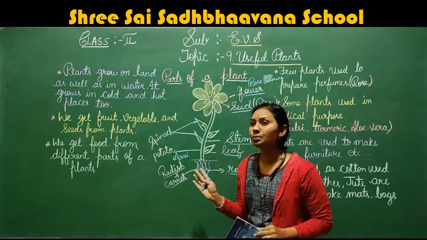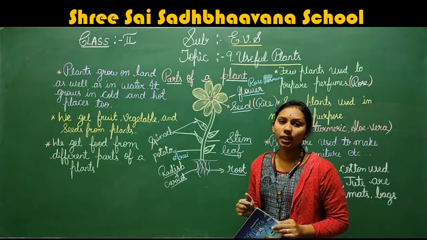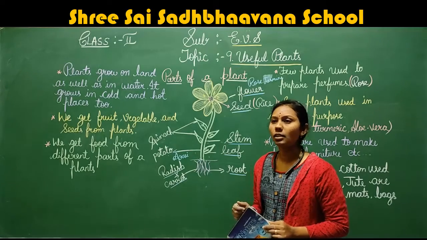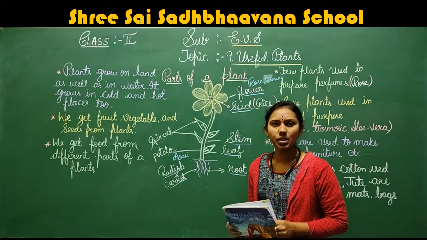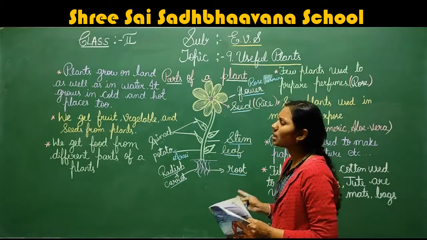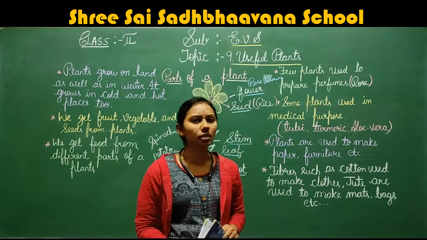We make oils from them, we get cooking oil. Then they are used for medicinal purposes. So many things these plants give, right, children?